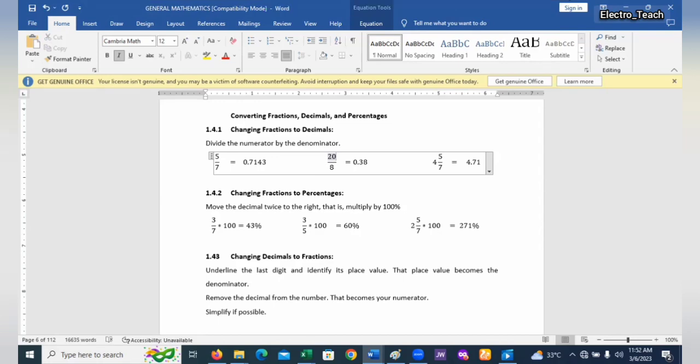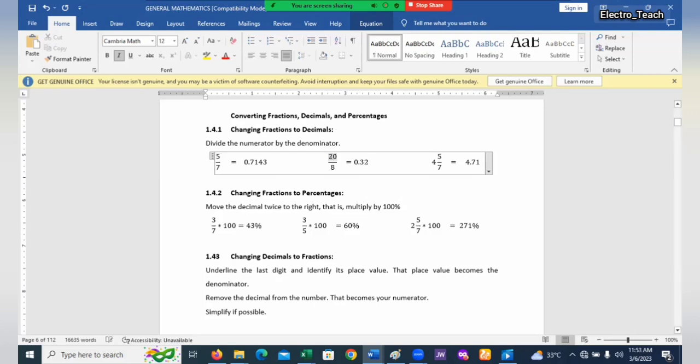If you add 0 to that, then you have 60 divided by 8. How many times can we find 8 in 60? You can find it 7 times. So that will be 3, 7, and the remainder will be 4.